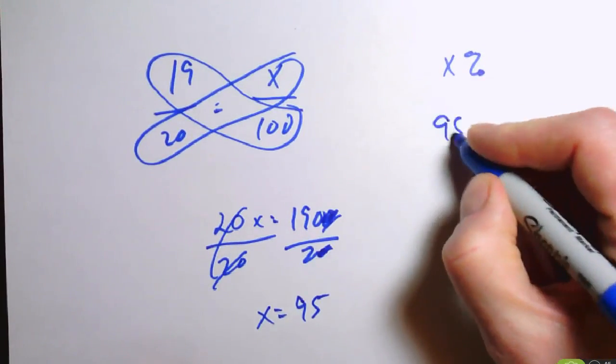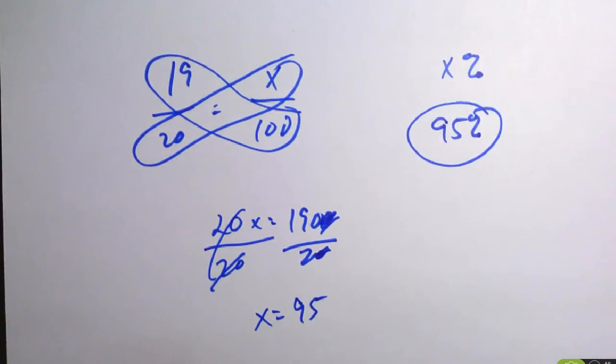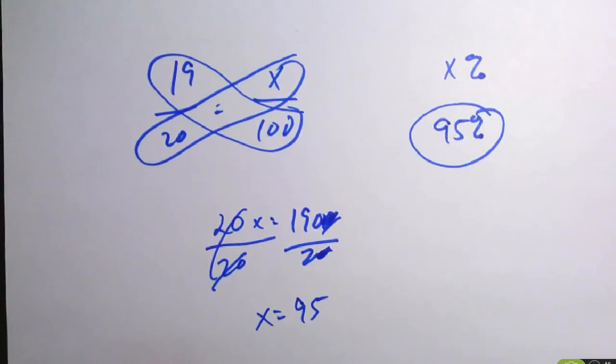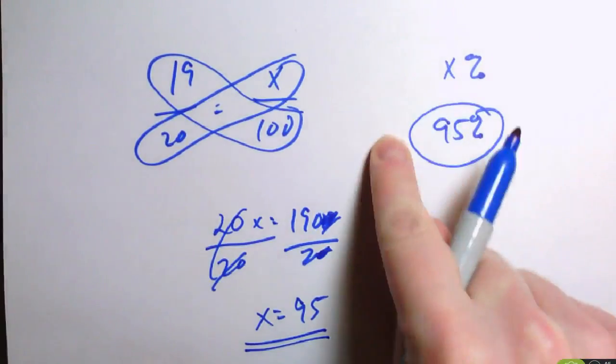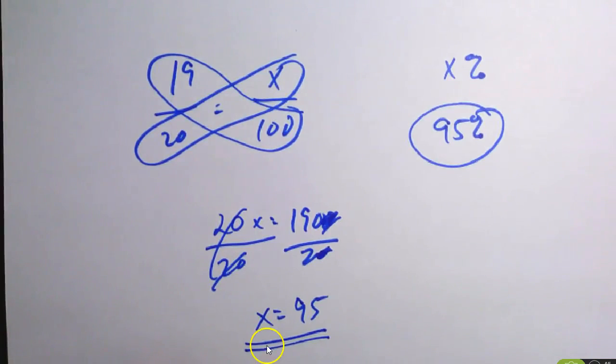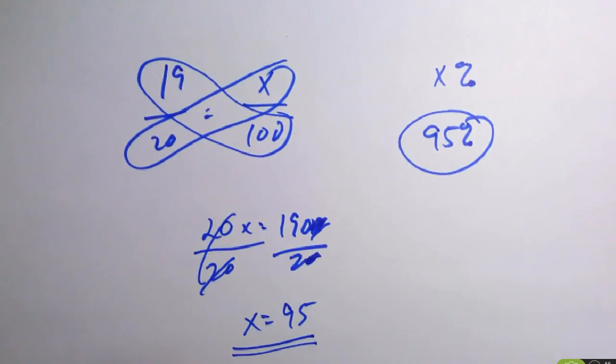So this is 95%. And don't stop here. This is a common mistake: just saying x is 95. It's not equal to 95, it's equal to 95%. When we get to section 7.2 and talk about decimals and percents, we'll see why.